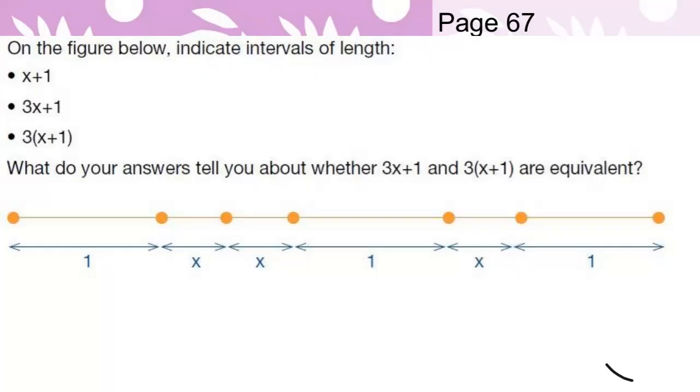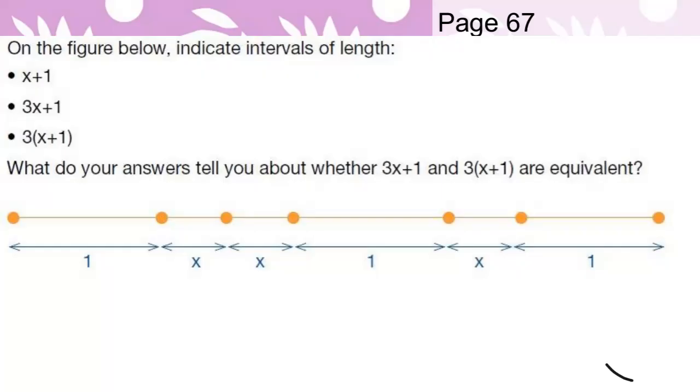Oh, wait, no. Well, the green is the entire thing. 3x plus 1 is in blue. They're not. So on your paper, why are they not equivalent? Because they are different lengths. Okay? Different lengths. So write something to that effect on your paper.